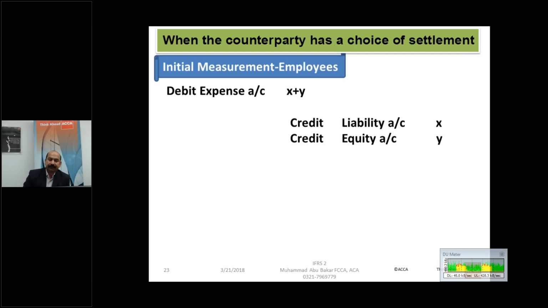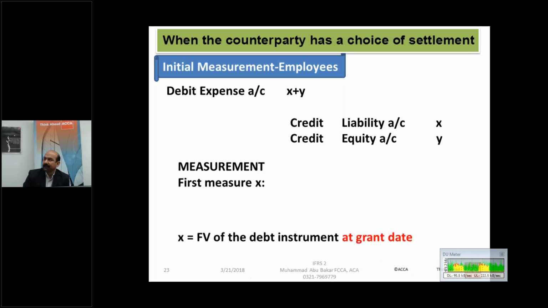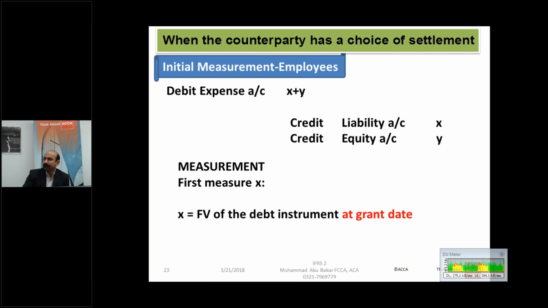Credit will be X and Y. What is X? X is basically the fair value of the debt instrument at grant date. And Y is basically the fair value of the equity alternative minus X.